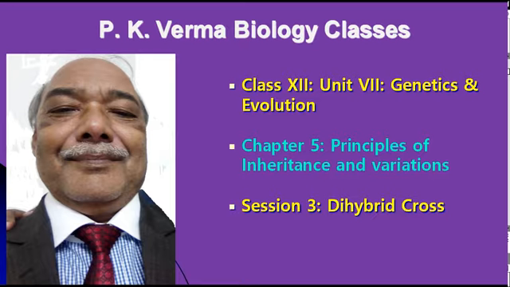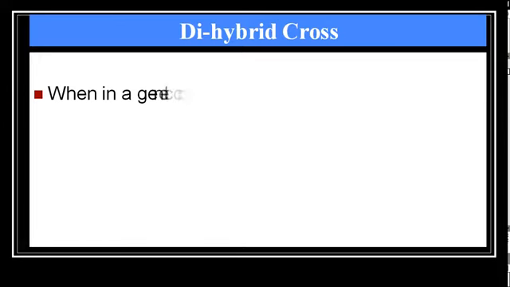The result of dihybrid cross will lead to the base of many of the later topics, and therefore it should be studied more carefully than the previous two topics. Now, what is dihybrid cross?